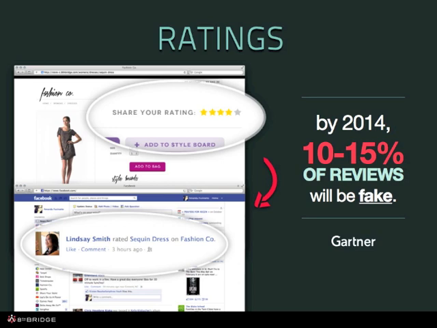And we think this is going to be interesting because there's sort of an industry-wide fraud problem right now in that there are kind of fake users creating all kinds of reviews, and mostly positive reviews, on websites. Gartner thinks that review fraud will reach 10 to 15% by next year, by the end of 2014. So we think that this might help address that problem a little bit, because the users that are creating these reviews are actually real Facebook users, or at least they have to have real Facebook accounts with real friends.